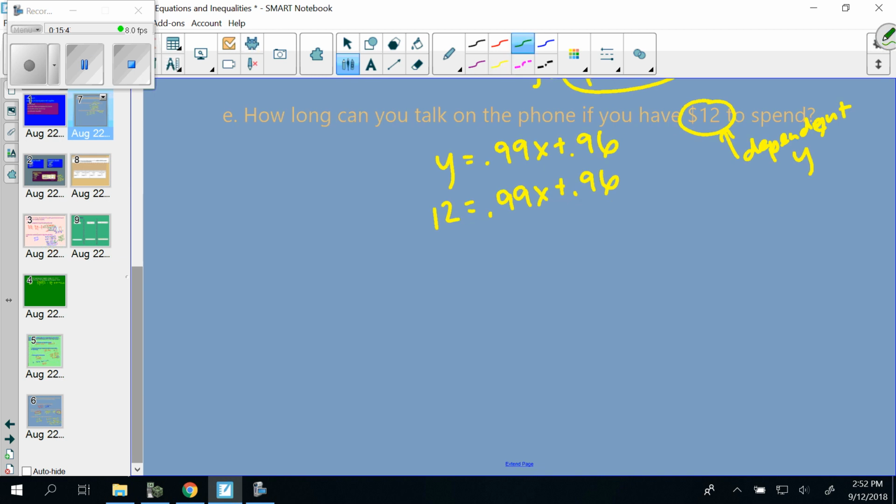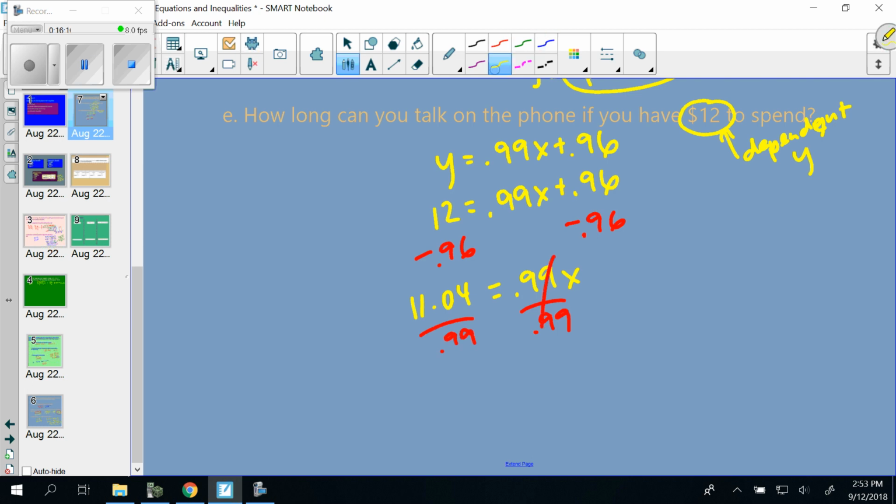First step, looks like we'd want to subtract 0.96 from both sides. So now we got 0.99x being equal to 11.04. Divide both sides by 0.99, and we should be able to figure this out.